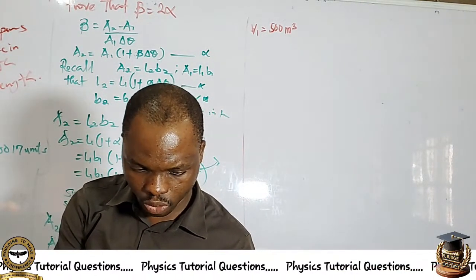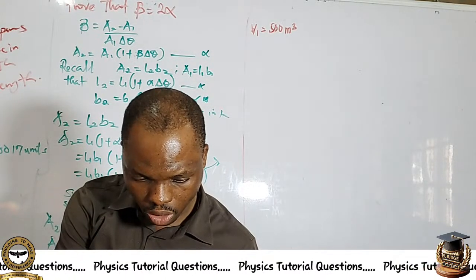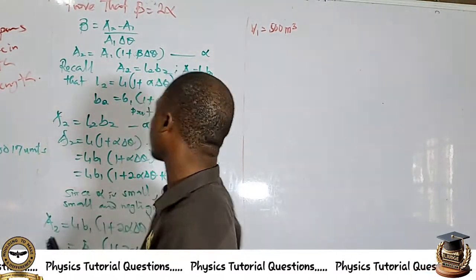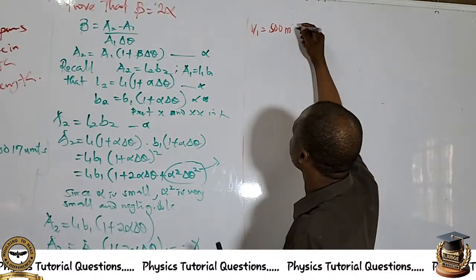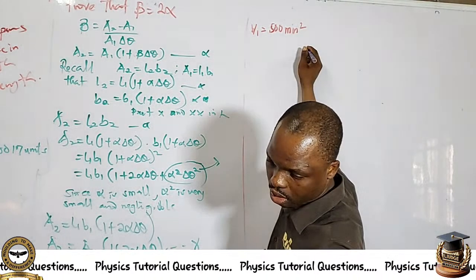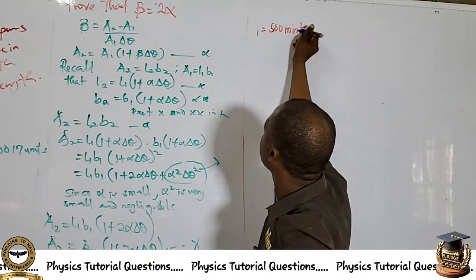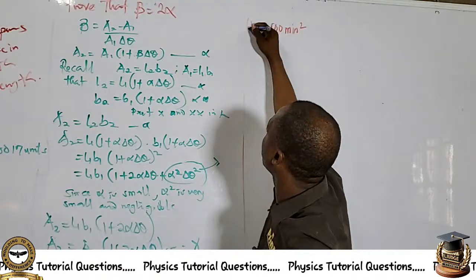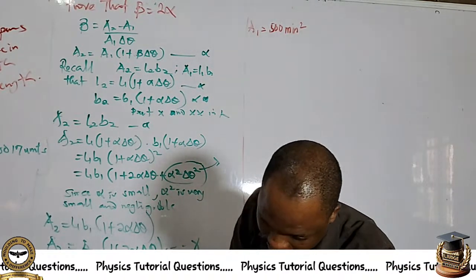Now for this table, this one is millimeter square. That's original area, because the unit tells us if it is area or so. Original area is given as that.